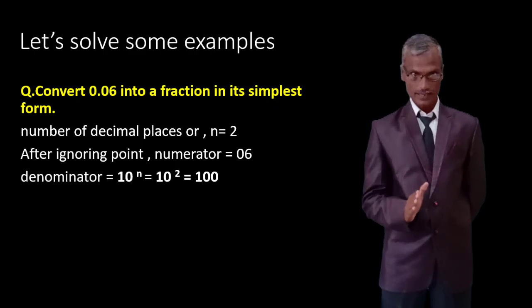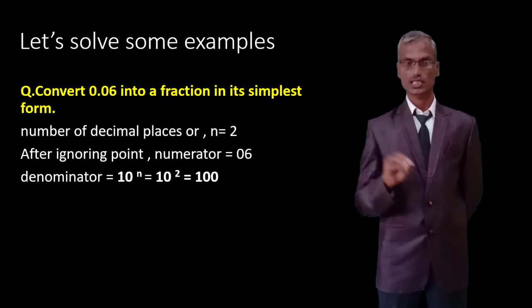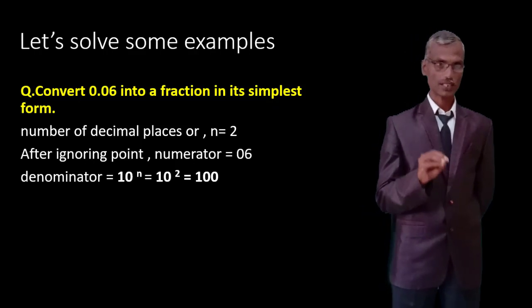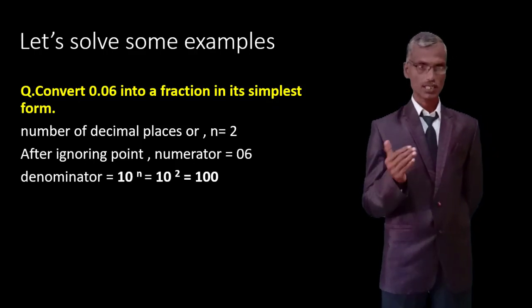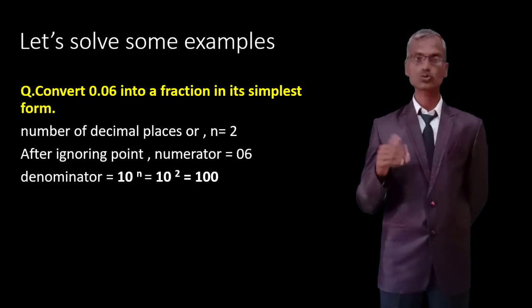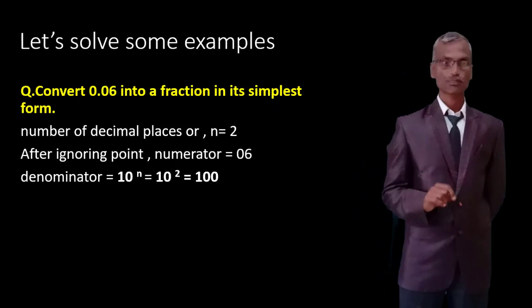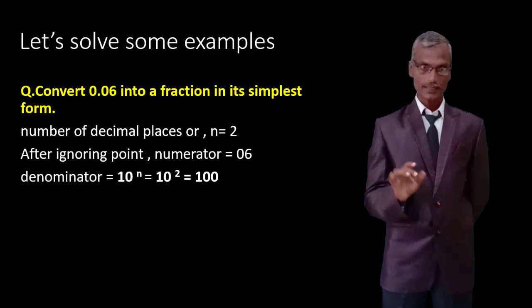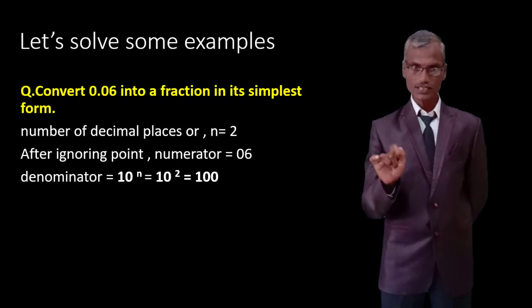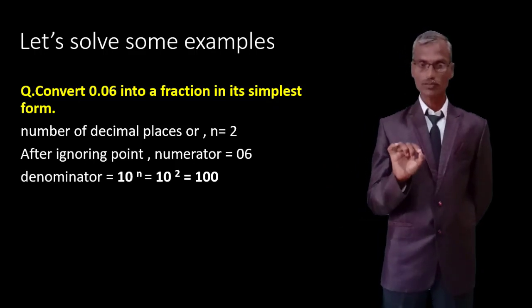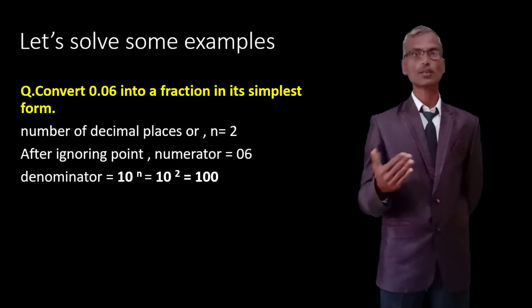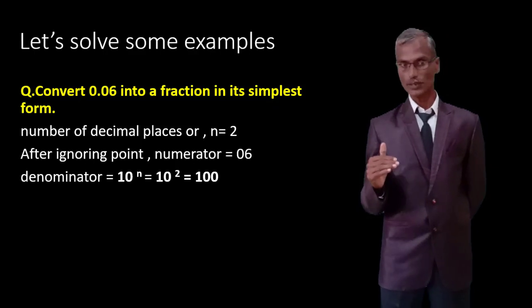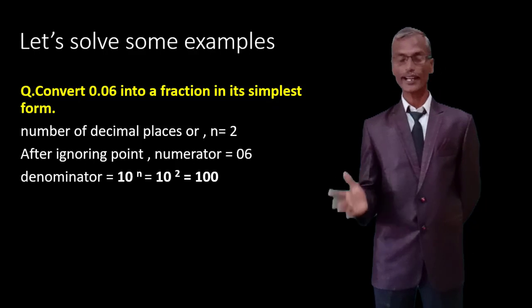Therefore, numerator is equal to 06. Now, step third, denominator is equal to 10 raised to the power n, where n is the number of decimal places. Here the number of decimal places is 2. Therefore, it will be equal to 10 raised to the power 2, and it will be equal to 100.